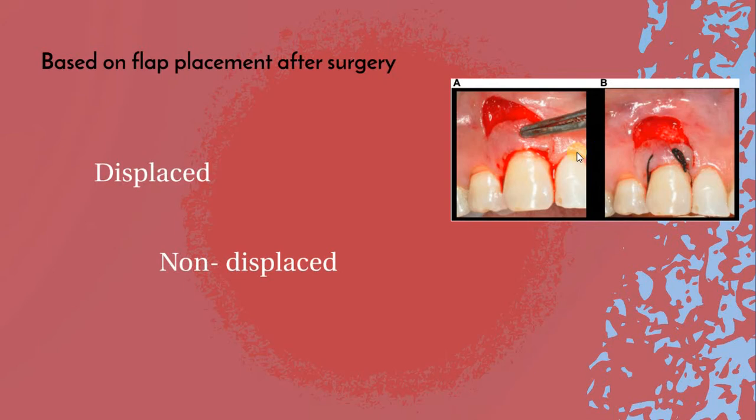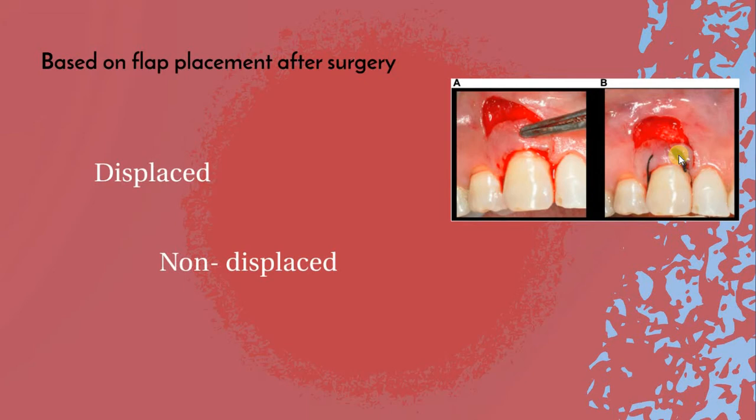For example, you want to cover a recession and you need an epithelium. So, for example, you coronally advance the flap toward the crown. This is a displaced flap.